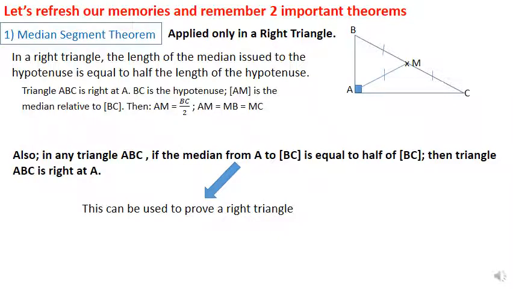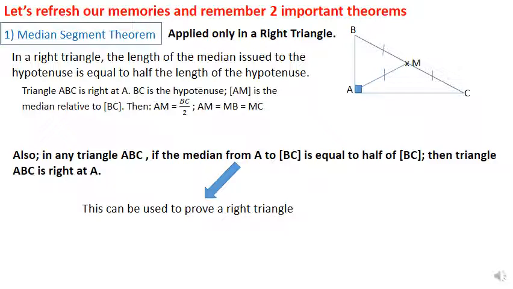So let us start with our first property. And you have to know that this property is only applied in a right triangle. So the property is called the median segment theorem. You have to know that in a right triangle, the length of the median issued from the 90 degree to the midpoint of the hypotenuse is always equal half the length of the hypotenuse.